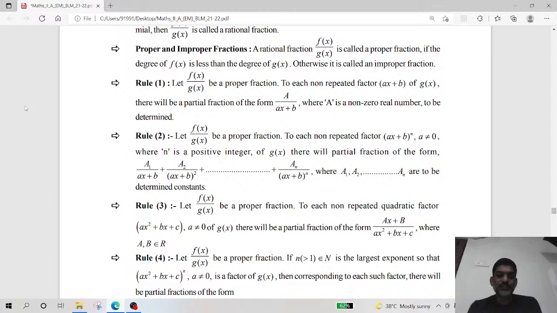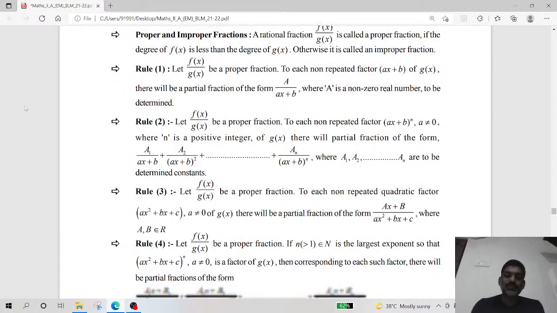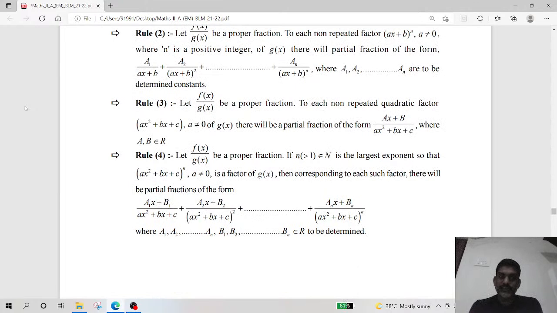Rule number 4. Let f of x divided by g of x be a proper fraction. If n greater than 1, n belonging to N, is the largest exponent so that (ax square plus bx plus c) whole power n, where a is not equal to 0, is a factor of g of x, then corresponding to each such factor, there will be partial fractions of the form A1x plus B1 divided by ax square plus bx plus c, plus A2x plus B2 divided by (ax square plus bx plus c) whole square, and so on, plus Anx plus Bn divided by (ax square plus bx plus c) whole power n, where A1, A2, A3 and so on, An, B1, B2, B3 and so on, Bn are to be determined.